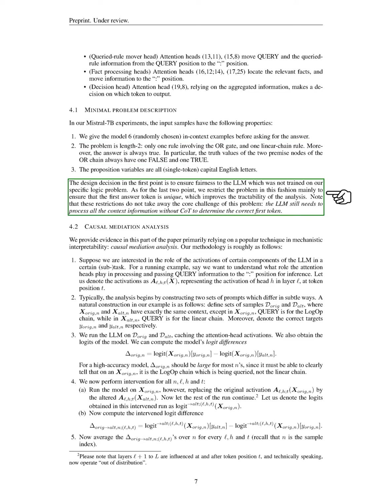We designed the first point to ensure fairness to the LLM, which was not trained on our specific logic problem. The last 2 points are intended to guarantee that the first answer token is unique, enhancing the analysis's tractability. Importantly, these restrictions do not diminish the core challenge. The LLM must still process all contextual information without COT to determine the correct first token.